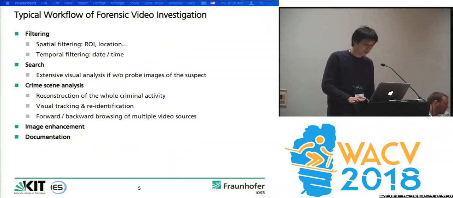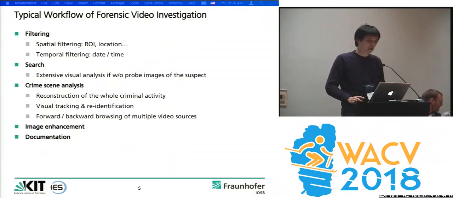The challenges in this kind of task are that we first have to filter out a lot of irrelevant data. For example, we can do temporal filtering or spatial filtering, and if we don't have a photo of the suspect, we have to do an extensive search in the mass video data.